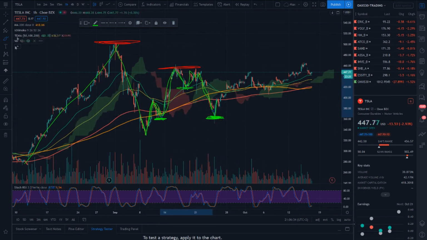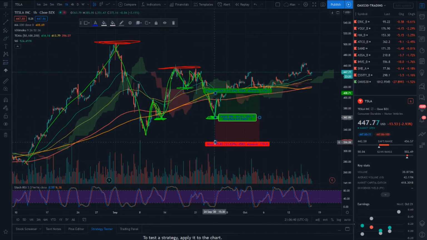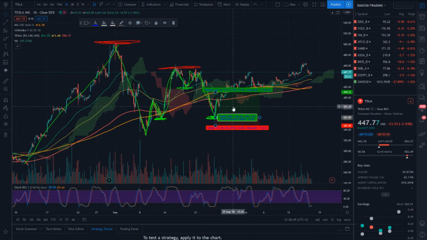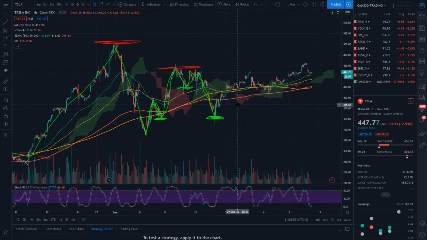For example, I'm not recommending anything, but if you place your target right here, you can put the stop loss pretty small, so you have a risk ratio of 3. You can make really nice profits from this and really nice trades.